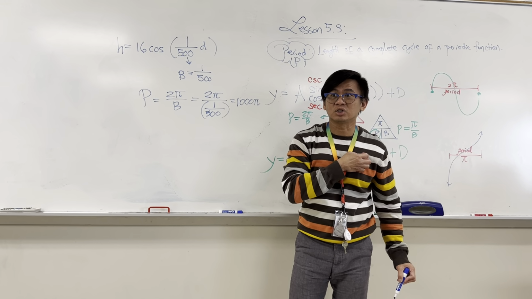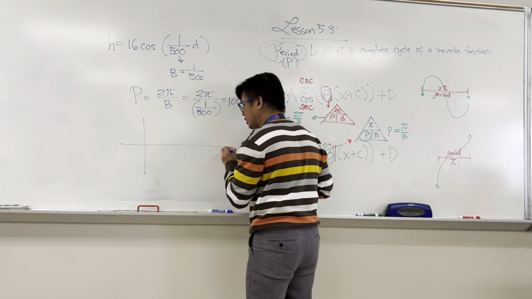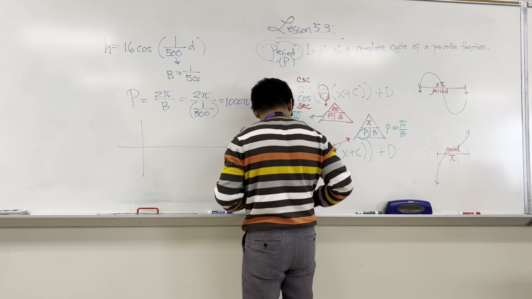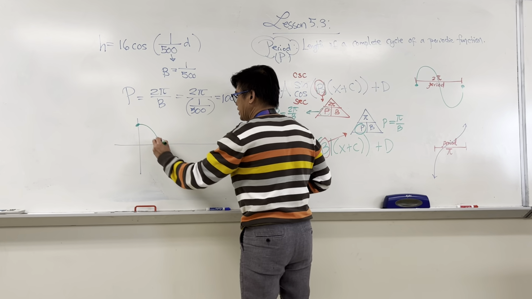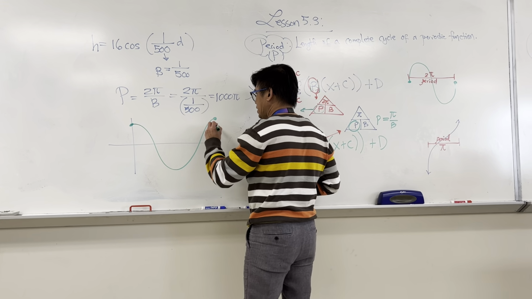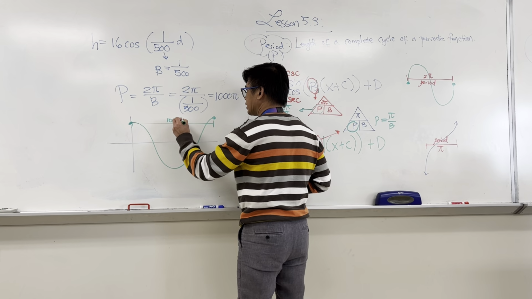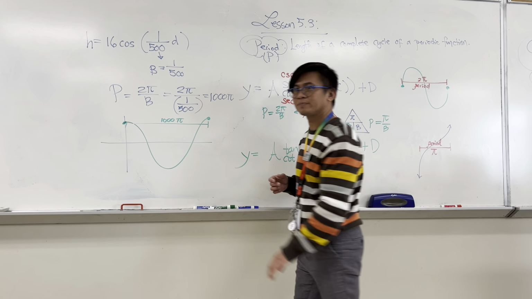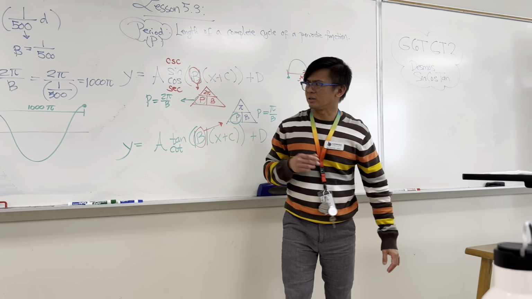Good? Meaning, since that is cosine, we can imagine that one entire cycle for cosine, from this peak to the next peak. That period is 1000 pi. Are we good?